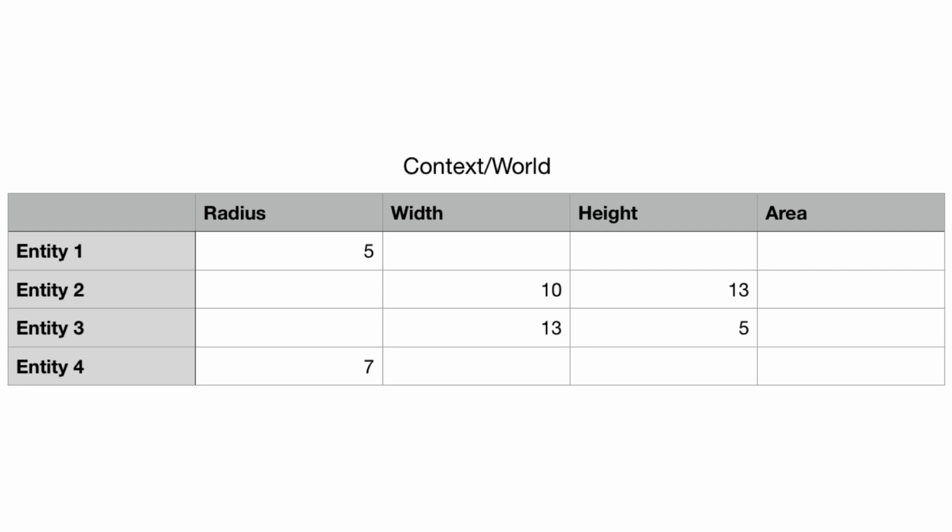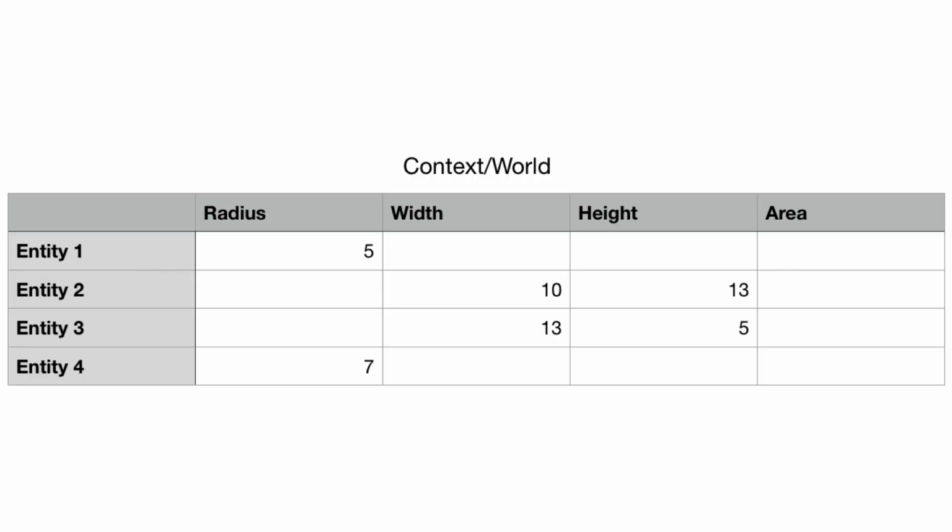Entity 1 has a radius, entity 2 has width and height, entity 3 has width and height, and entity 4 has a radius. I don't even talk about rectangles and circles, because basically I don't care. I just concentrate on what data I need to achieve my task, okay?